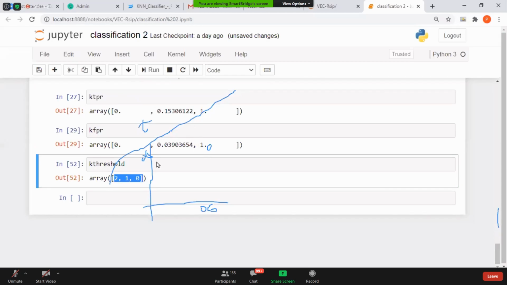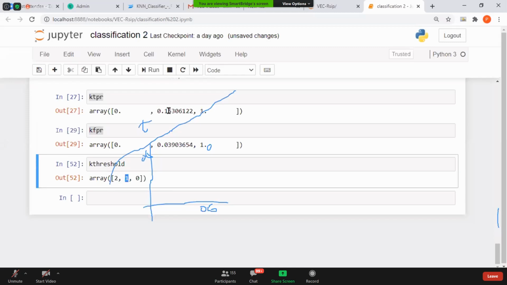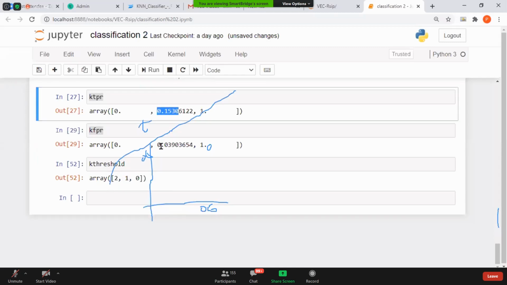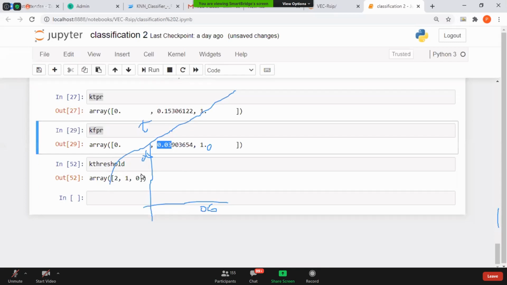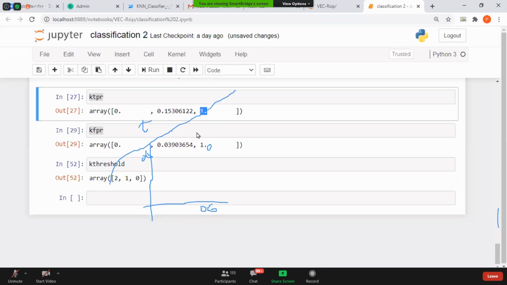All right. So for threshold 2, what are FPR and TPR? It is 0 and 0. For threshold 1, the FPR and TPR are 0.15, 0.03. For threshold 0, the FPR is 1 and TPR is 1.